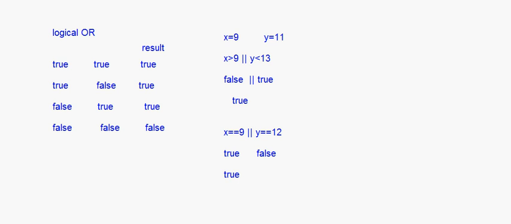As far as the NOT operator is concerned, it just reverses the result, that is, true becomes false and false becomes true, right? Now I'll show you one thing here. Supposing you have x is equal to 10 and y is equal to 15, and I have this expression: not x equal to 10 or y equal to 15.